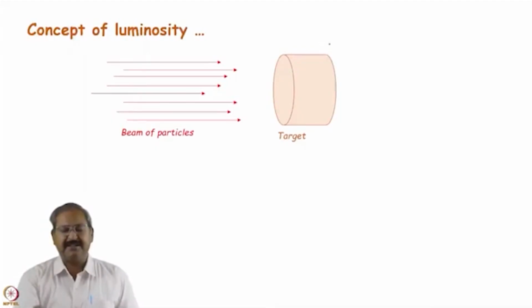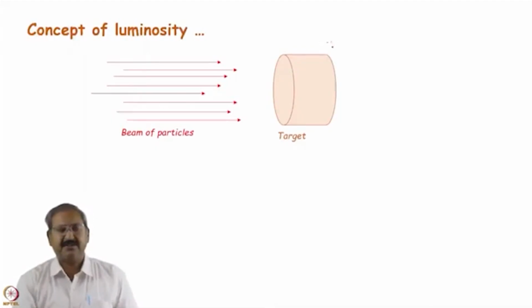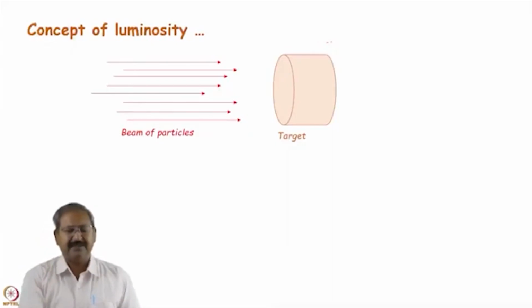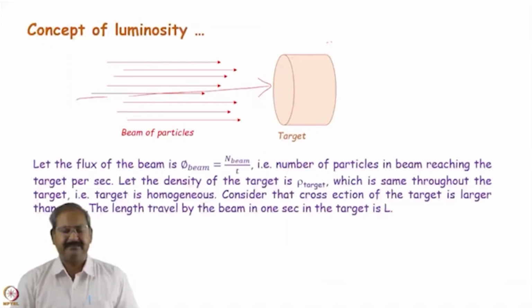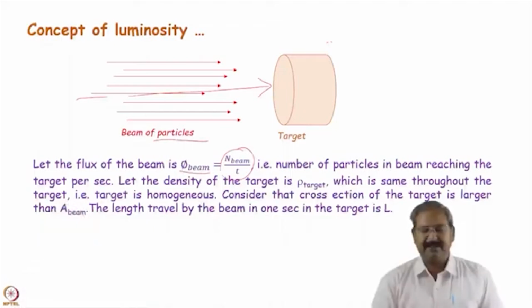So what is luminosity? Now we see that. Suppose there is a target. Right now we are taking fixed targets. So there is a beam which is going onto this target. We take the flux of this beam, which means the number of particles per second, as phi. And the density of the target material is rho target.